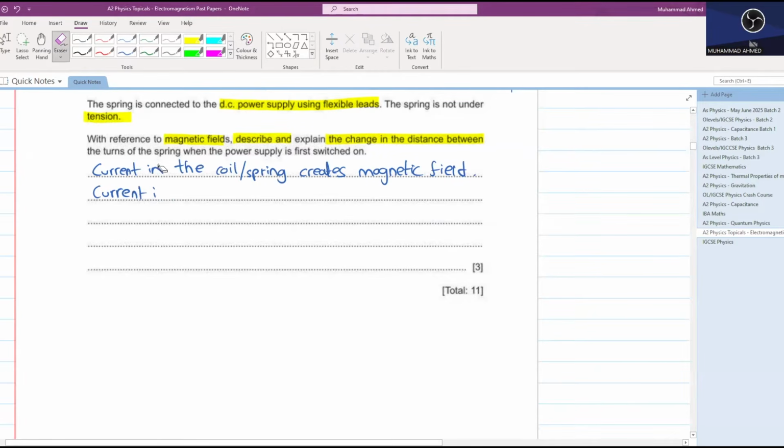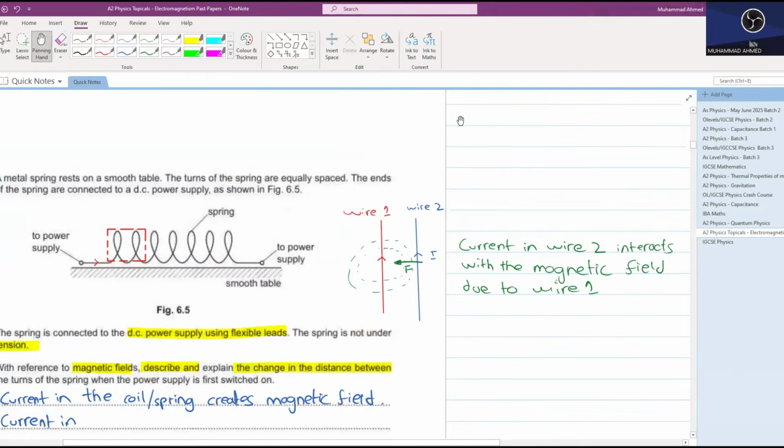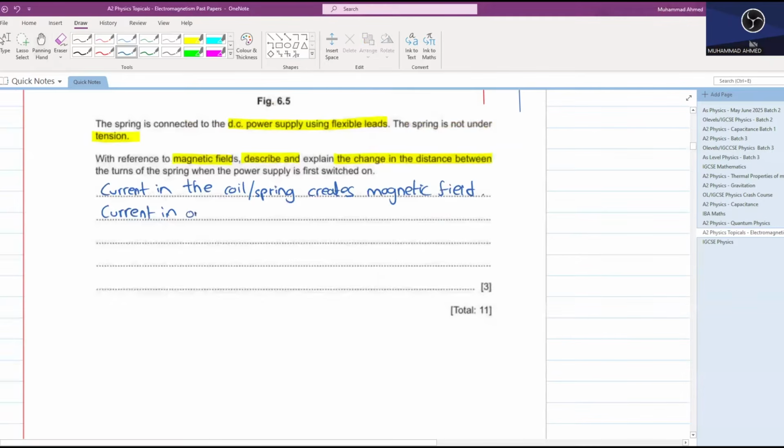Current in one turn, or you can say wire 1, obviously it is your choice. Current in one turn interacts with the magnetic field created by the current in another turn.